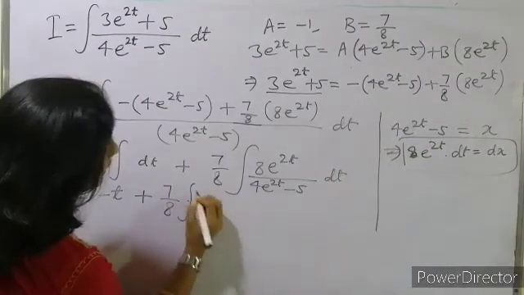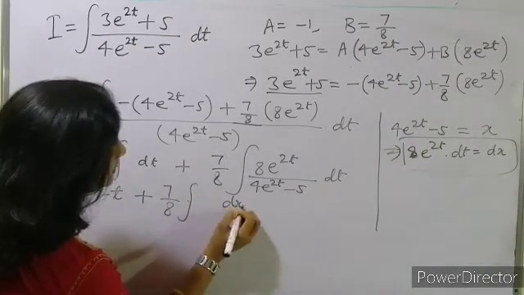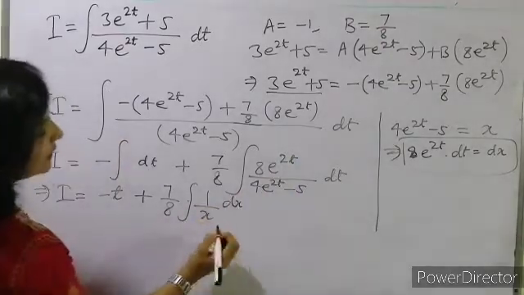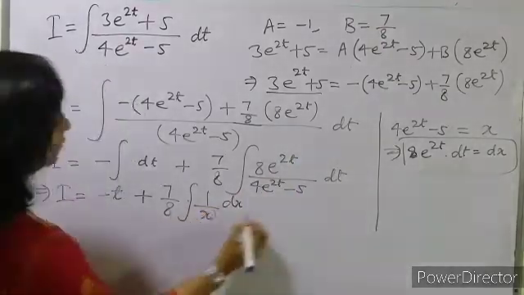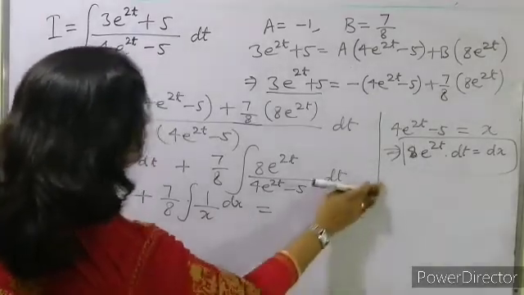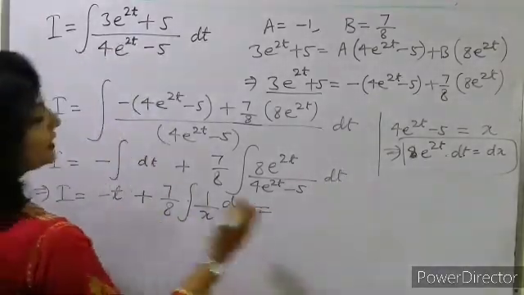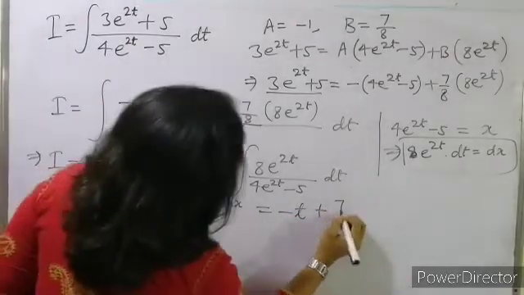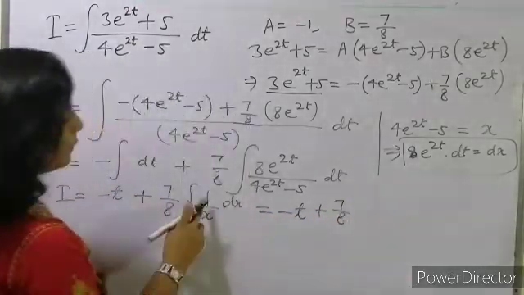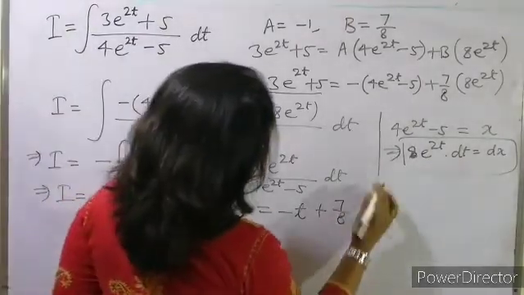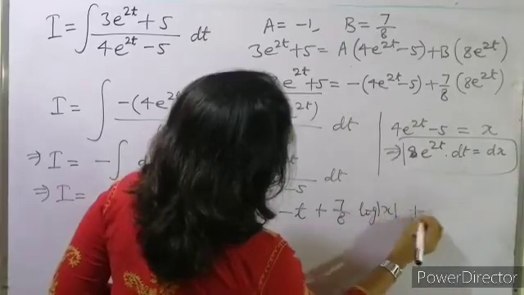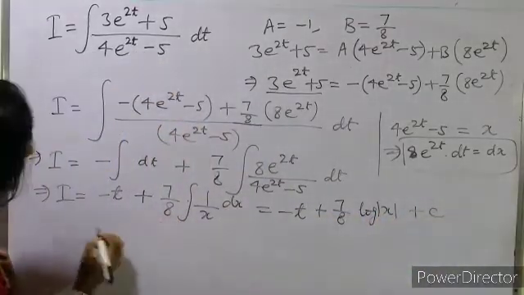So we can write dx, 1 upon, and this one we have taken as x. So this will be equal to minus t plus 7 upon 8 into 1 upon x, which we integrate. So what value will we get? Log of x, and plus c, which we have to write whenever we are integrating anything.